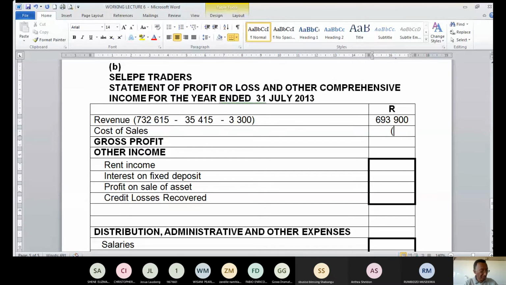Our cost of sales, we have calculated our cost of sales to be 360,840.